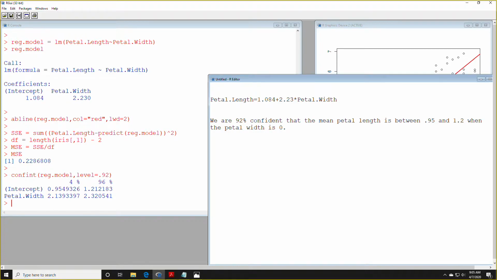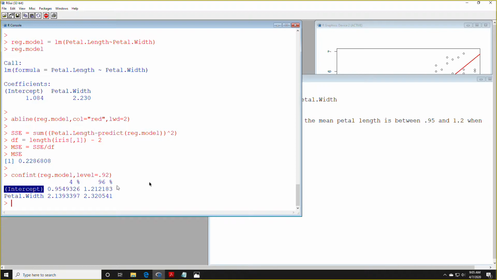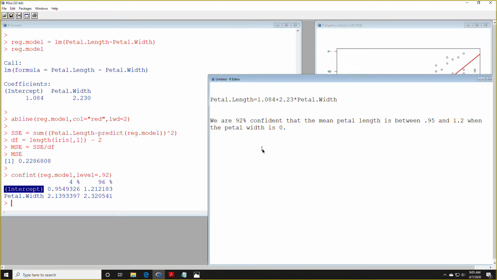Okay, that is how we would interpret this first confidence interval, the confidence interval for beta naught hat. That's how we would interpret it in this problem. As I've said before, the intercept is not meaningful in this problem. Other problems it could be meaningful, and this is how you would interpret it, okay?